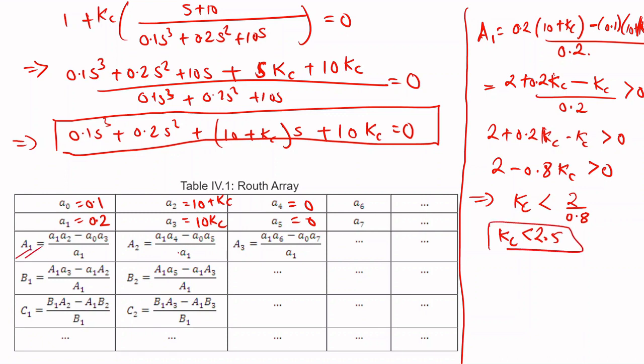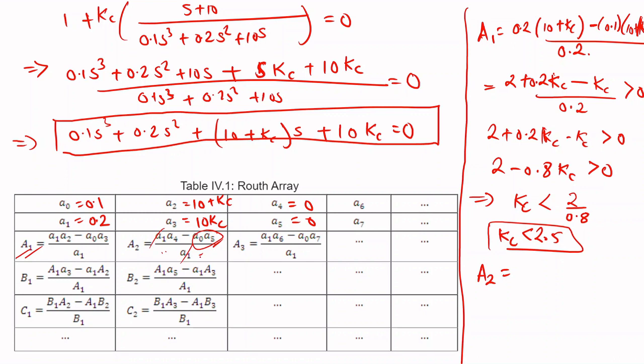Now we need to find the next row so that we can find the value of B1. A5 is 0, so this term will become 0 and A1 will get cancelled out and we will be having A4.